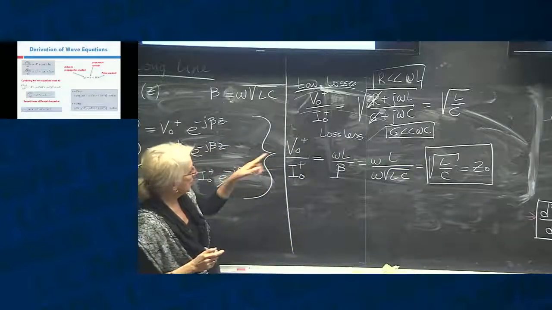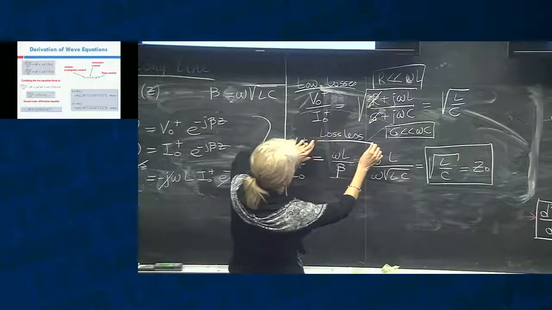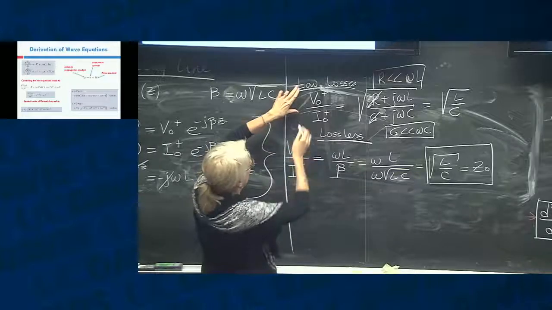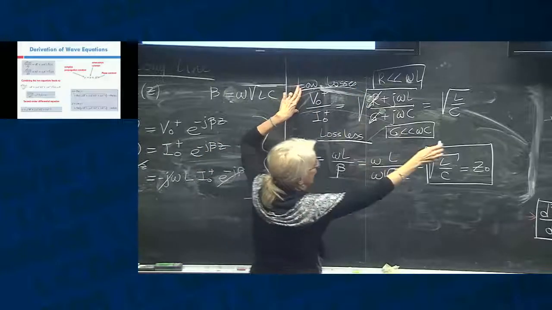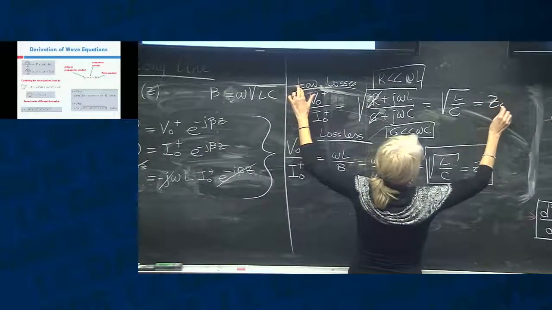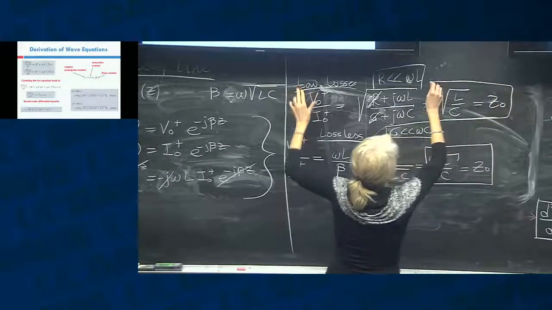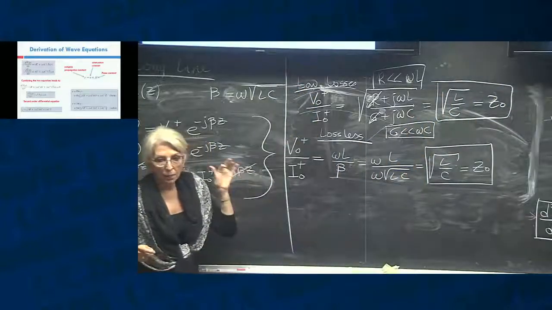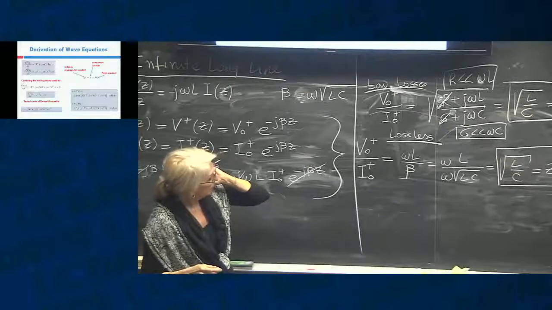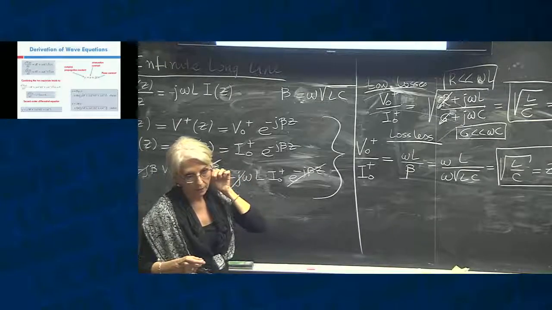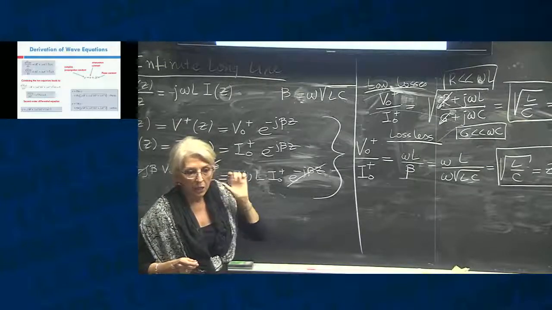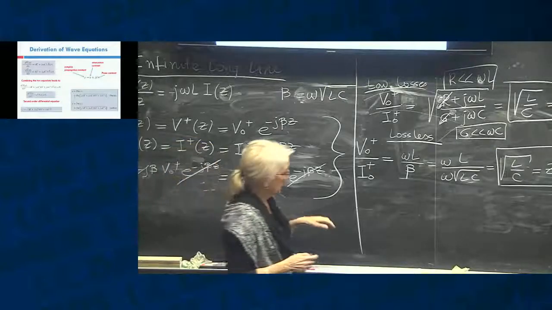What happens is that either in lossless waveguides or in low losses, the characteristic impedance is the same. And the characteristic impedance, therefore, in any of the lines we're going to look at will be real, always. The same is not true for beta.